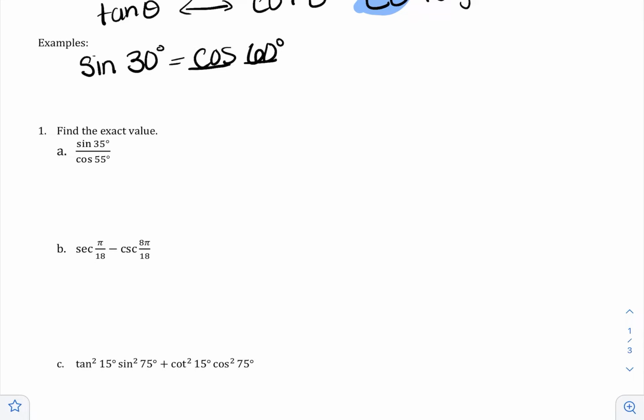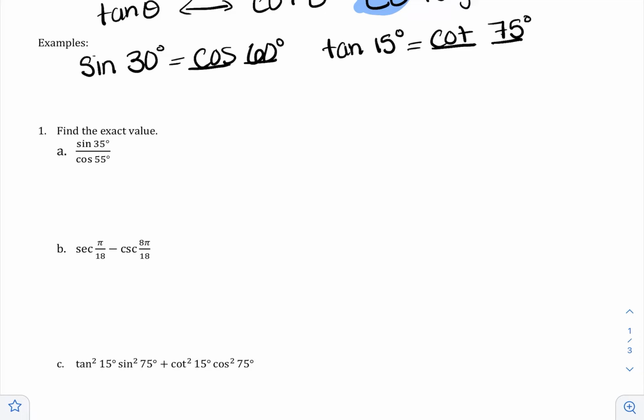So the sine of 30 degrees will be equal to the cosine of 60. They have the same ratio. Okay, the tangent of 15. So the complementary angle of 15 is 75, and the cofunction of tangent is cotangent. So the tangent of 15 and the cotangent of 75 have the same ratio.